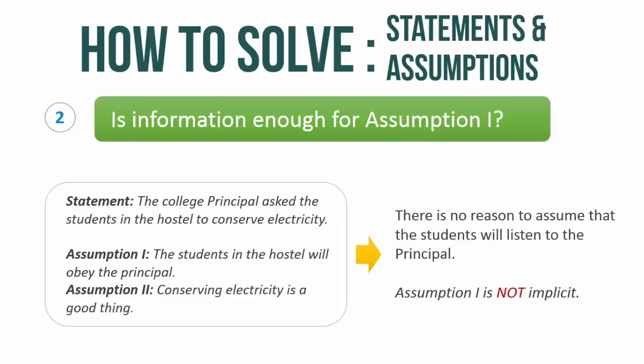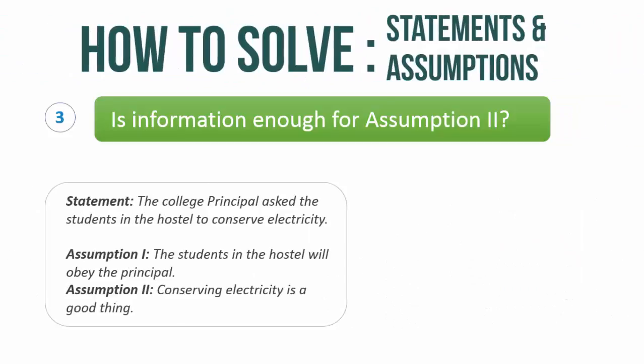Now there is no reason to assume that the students will listen to the principal. The statement only says that the college principal asked them to conserve electricity. There is no reason to assume that all the students in the hostel will definitely listen to the principal. There is no guarantee for that. Hence, assumption 1 is not implicit.